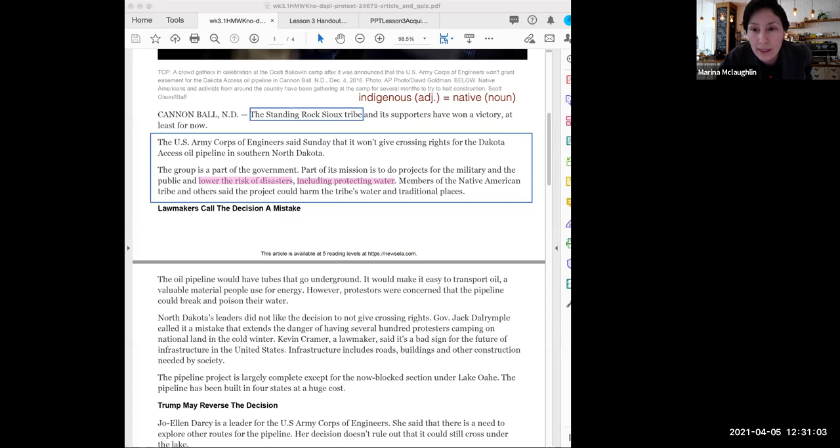The way Standing Rock Sioux is being used there is as an adjective, but by itself, there are adjectives that end in ing, right? Interesting. In that example, it's being used as an adjective to describe the people, the Sioux. It's just a name, yeah.